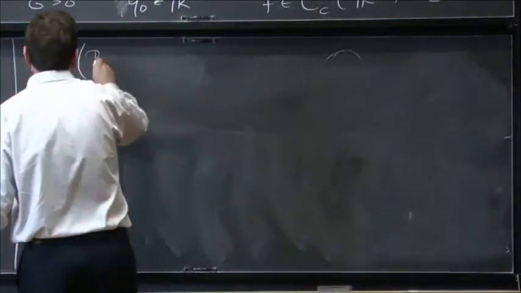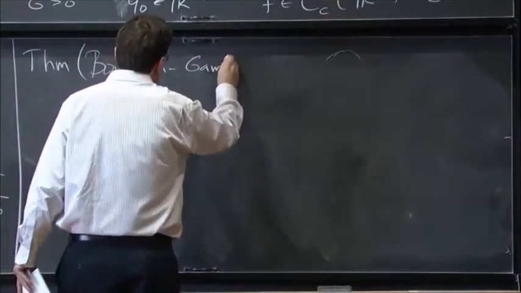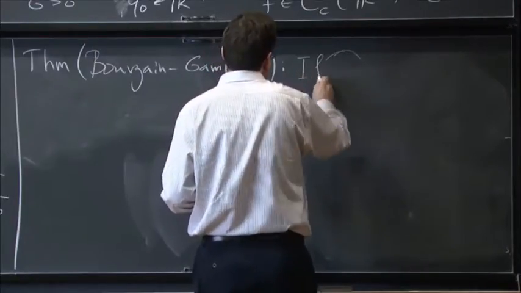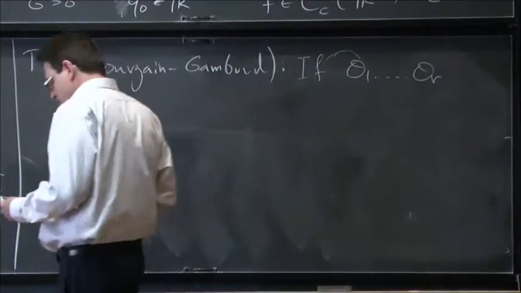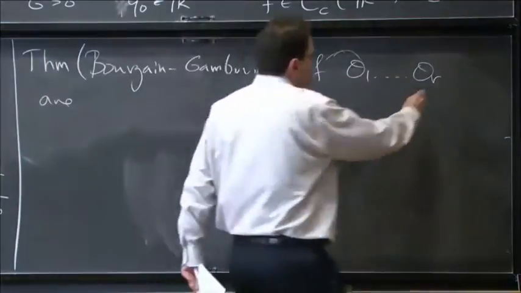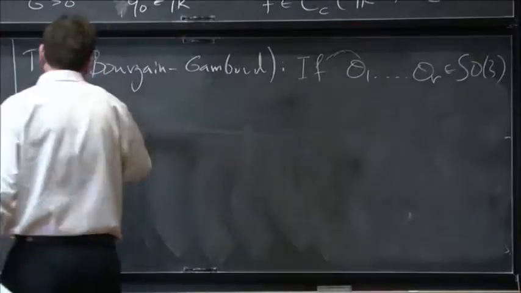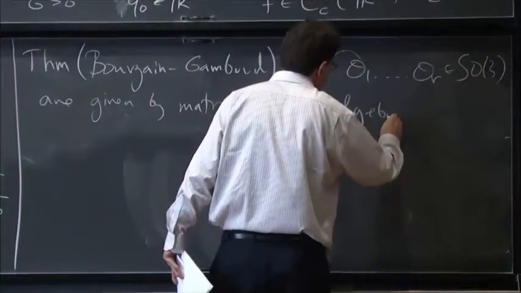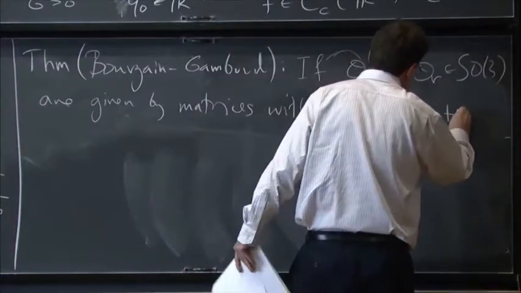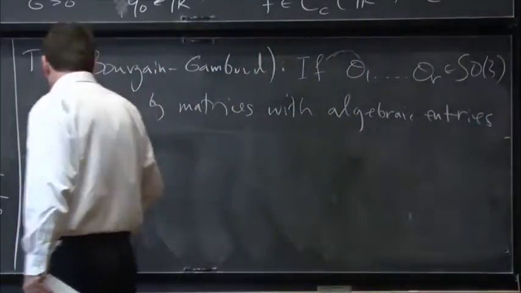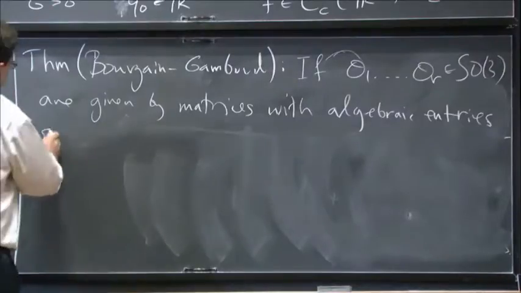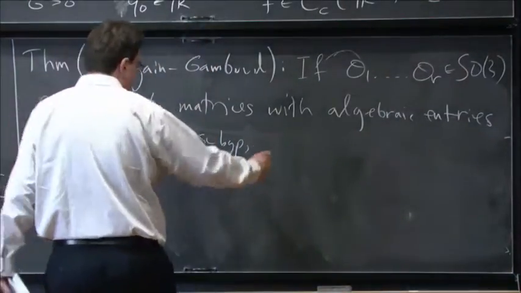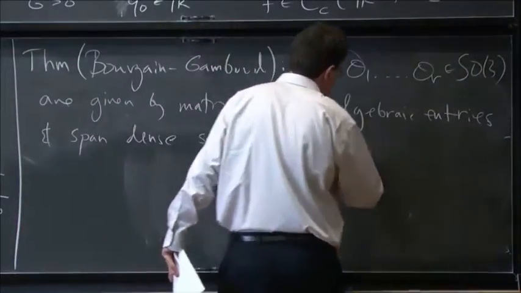There's the theorem of Bourgain and Gamburd, which basically says: if these matrices, these are rotation matrices inside SO(3), are given by matrices with algebraic entries, the entries are algebraic numbers, and you could already just take them to be given by rational numbers, but then algebraic entries, and span a dense subgroup, then the corresponding operator has a spectral gap. Then they have the spectral gap property.